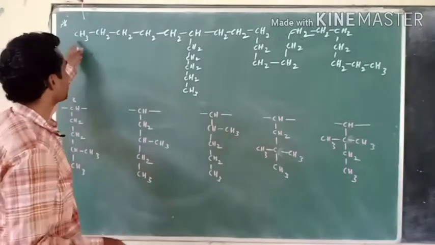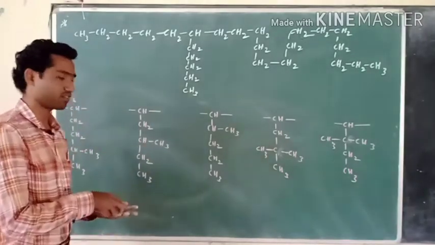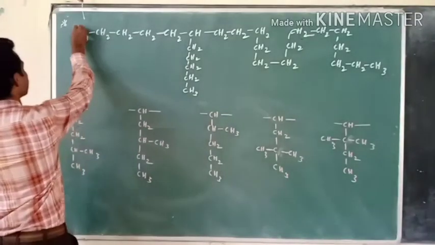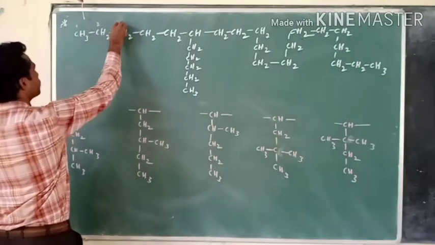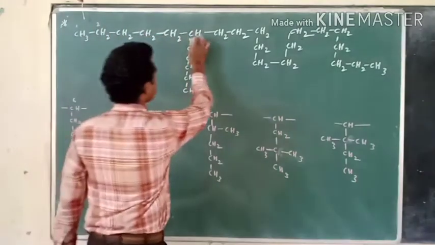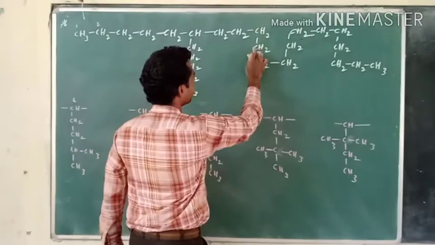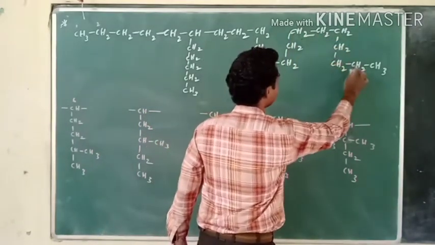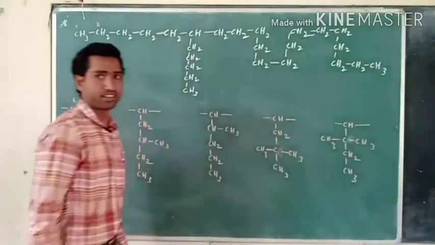So this is the molecule. So first rule is identify the longest carbon chain in this molecule. So let us start from this carbon. 1, 2, 3, 4, 5, 6, 7, 8, 9, 10, 11, 12, 13, 14, 15, 16, 17, 18, 19, 20. Right.